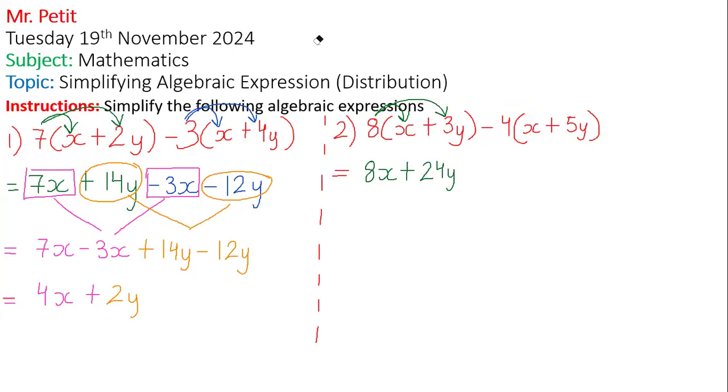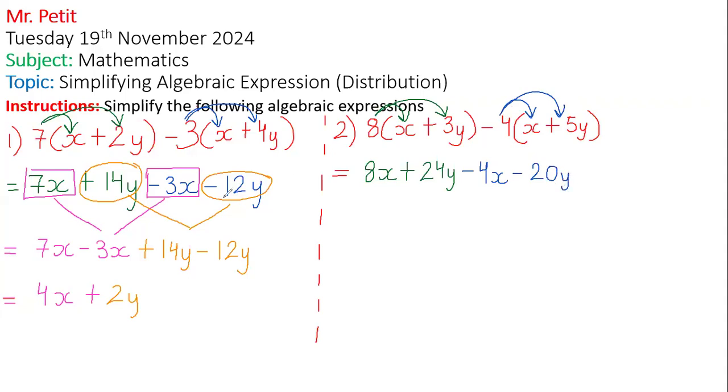So it's going to be blue. -4 multiplied by x is going to be -4x. And then we have -4 multiplied by y, which gives us -20y.